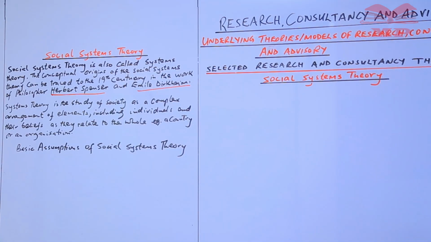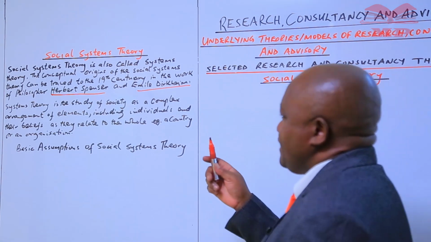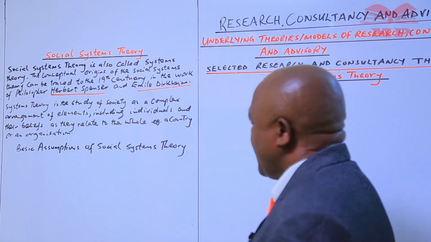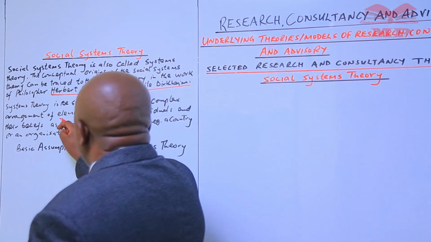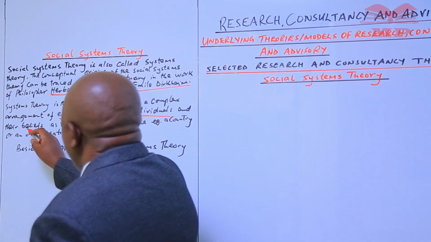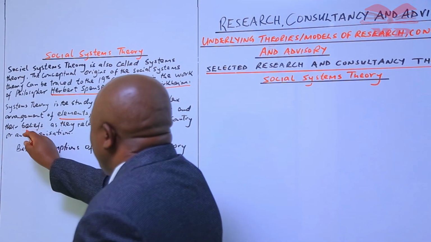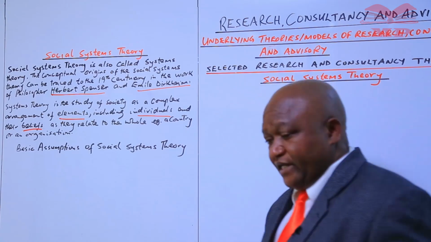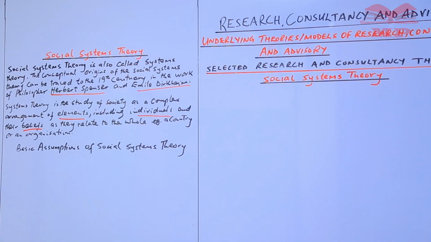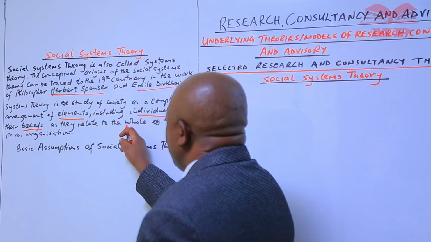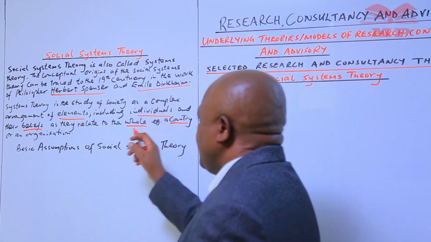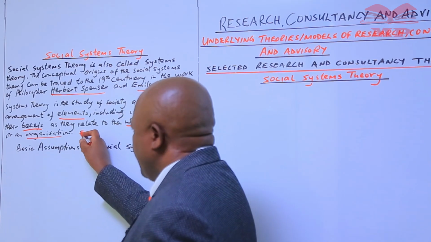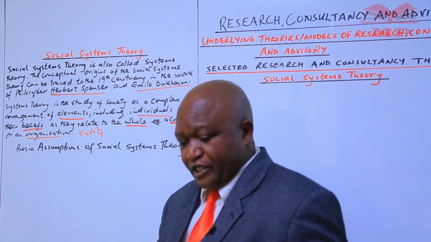They extensively looked at social systems, and the social systems theory is the study of society as a complex arrangement of elements, including individuals and their beliefs, as they relate to the whole. That is very critical. The whole refers to a country, an organization, an entity, or a corporation.